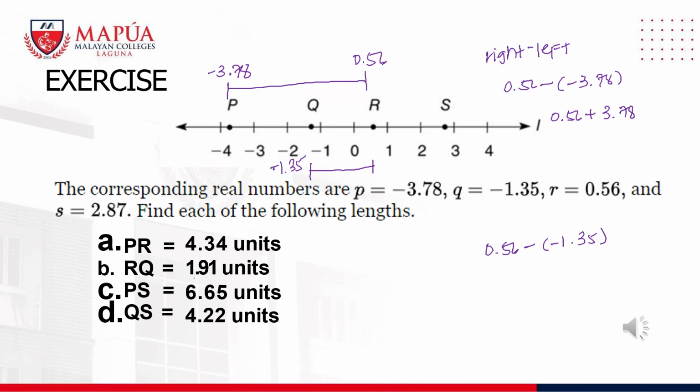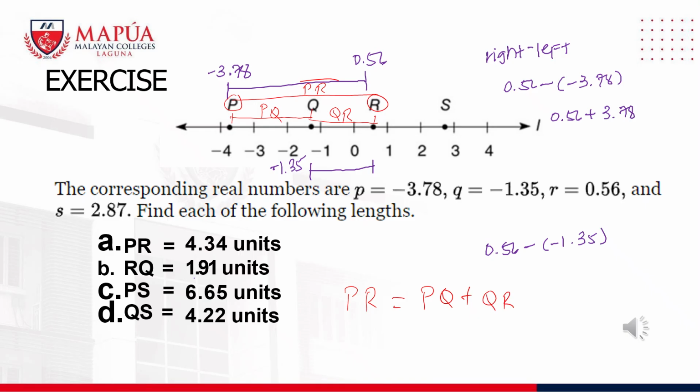This is the distance from P to R. So if you look at the illustration, PR is just the sum of PQ, this is PQ, then we have here QR. Therefore PR is simply PQ plus QR.